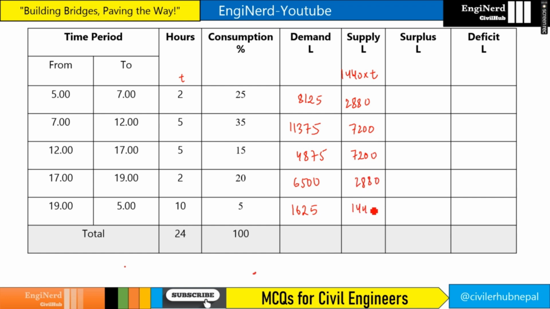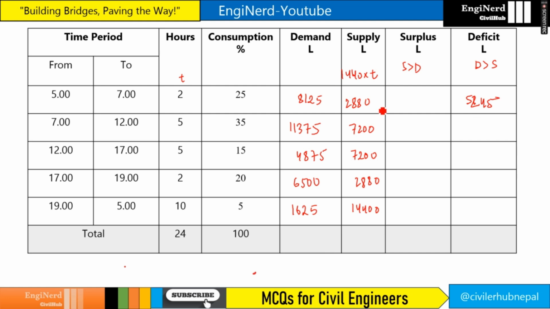it will be 14400. Now for the surplus, if supply is greater than demand, and for the deficit, if demand is greater than supply, right? Now let's calculate the first one. Supply is lesser in the first row, demand is greater in the first row. So 8125 minus 2880 will be 5245 in the deficit part.